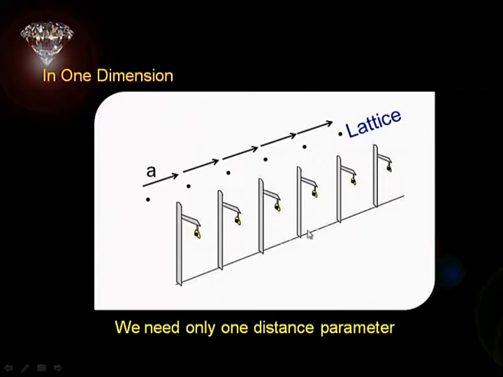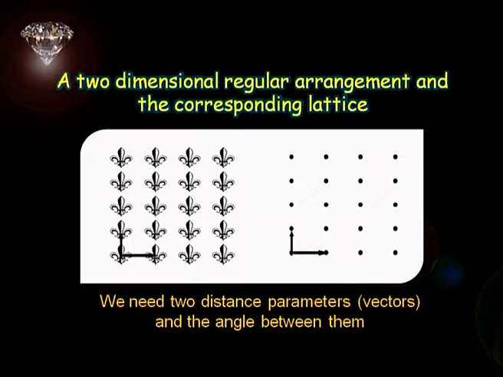Now let's observe here. In the previous case, the one-dimensional arrangement, I had a series of points and I needed only one parameter, A, the repeat distance. That means the distance between the different motifs. When I have a two-dimensional lattice, I need more than one thing.